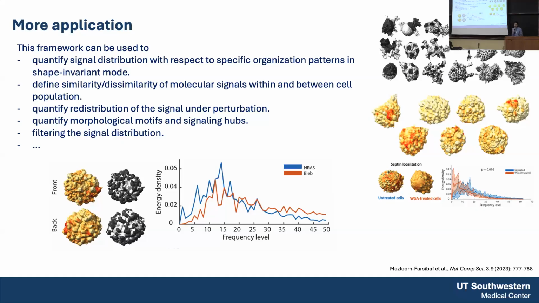Actually, the analysis is for a single time point. For example, we had data for PI3 kinase, and we added the PI3 kinase inhibitor. Along with our imaging, we could show that it changed from a polarized distribution to a more uniform distribution.